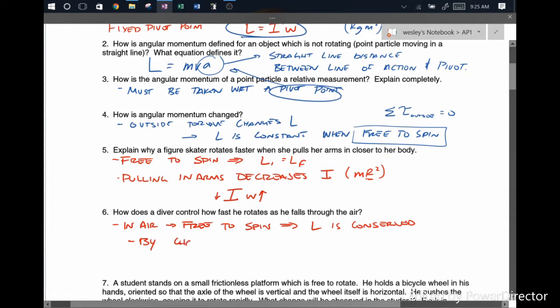By changing his rotational inertia, his omega will change as well. Pulling in arms and legs would make I go down, omega would go up. Going in the opposite direction and throwing out his arms and legs would make his I increase and his rate of spin decrease.